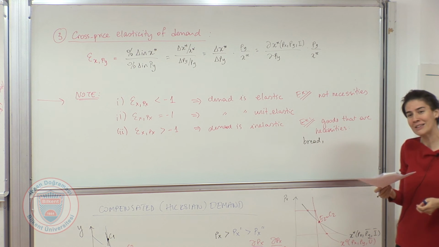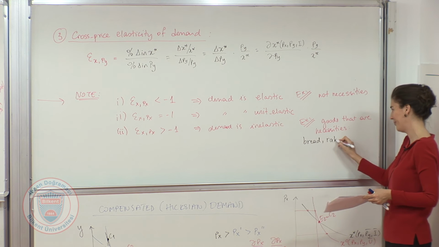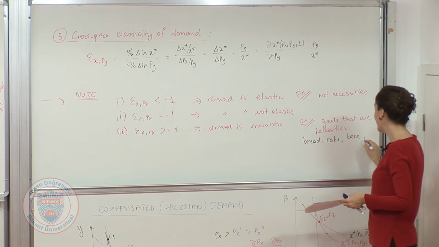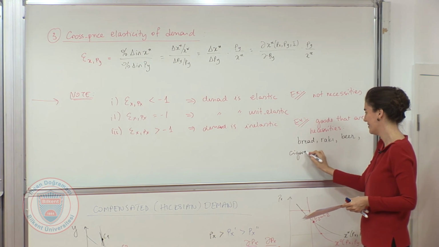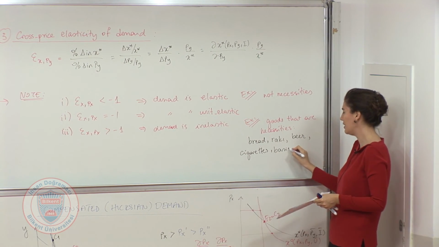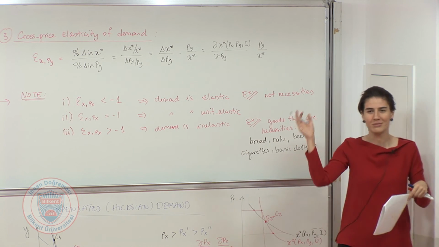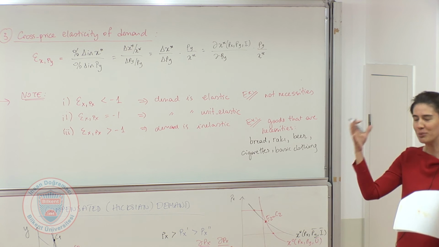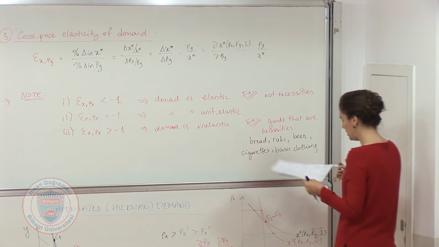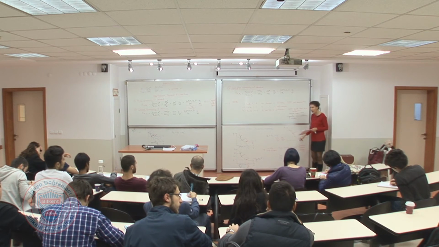But there are also interesting goods, for instance rakı, beer, cigarettes. For instance, basic clothing, not your fashionable clothing from fashionable stores, but the basic clothing that you would have. You would think of necessities, water, and such.